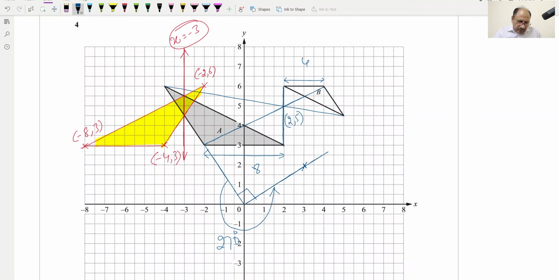And the point which is basically this one, which is 2 and 3, basically will be shifted to 3 and minus 2, so it will be over here. And the third point, which is minus 4 and 6, will be going to 6 and 4, so 6 and 4 will be over this point, and we can extend the line.